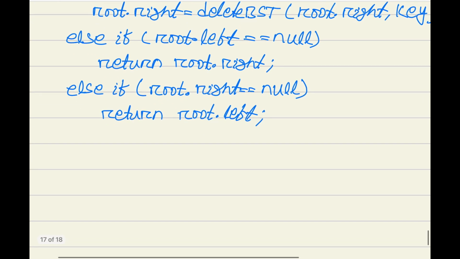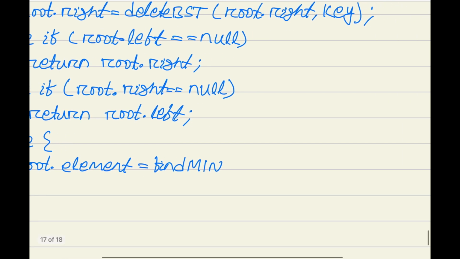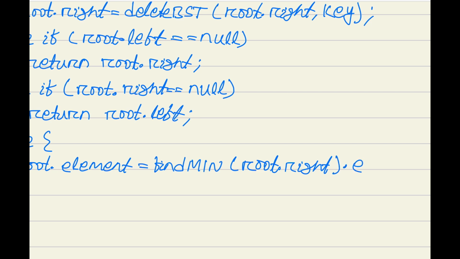Now if the node we want to delete has two children, for that we can write else root dot element equal to find min root dot right dot element.